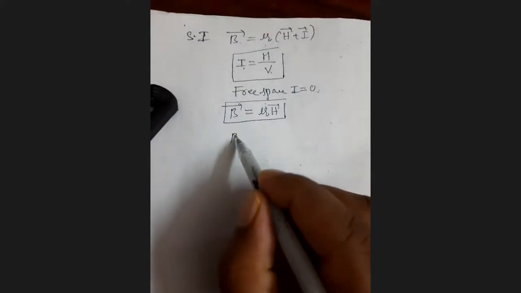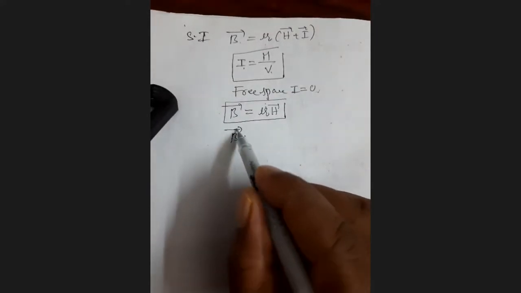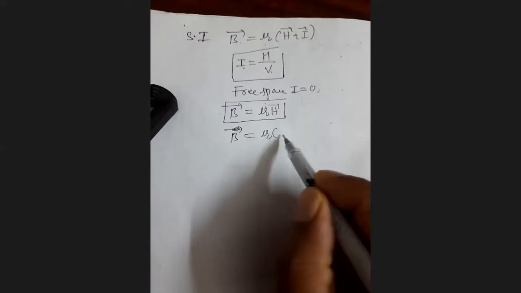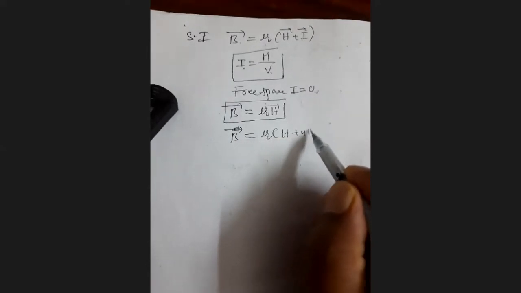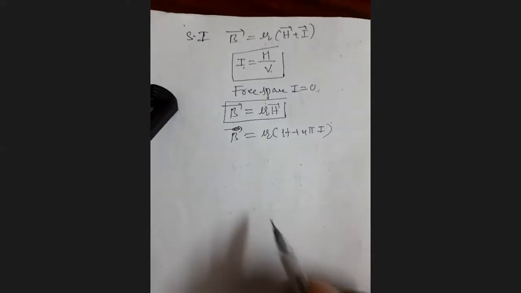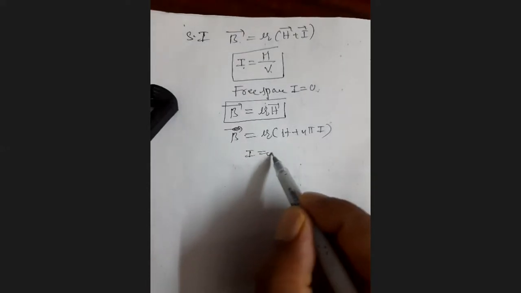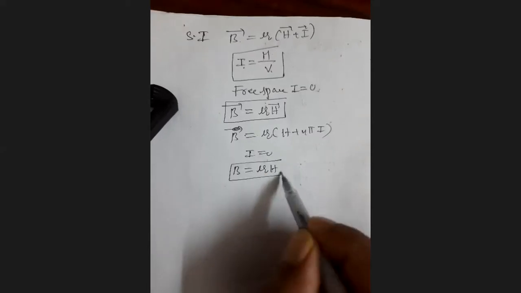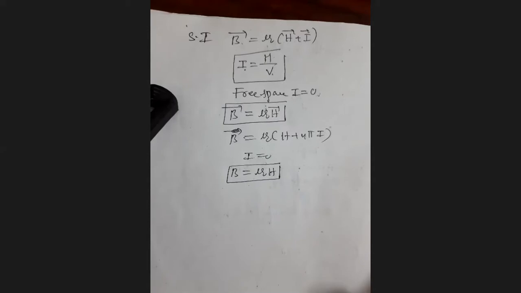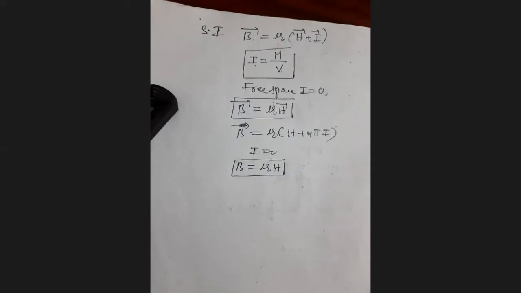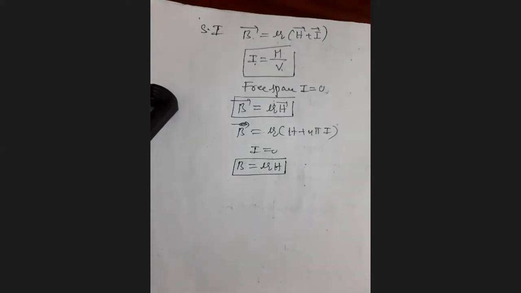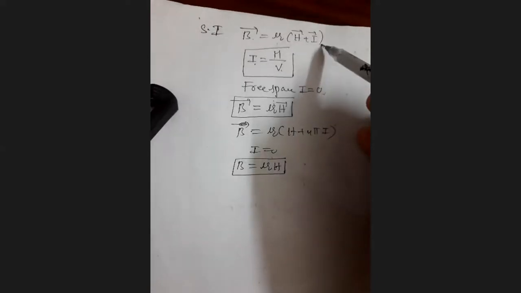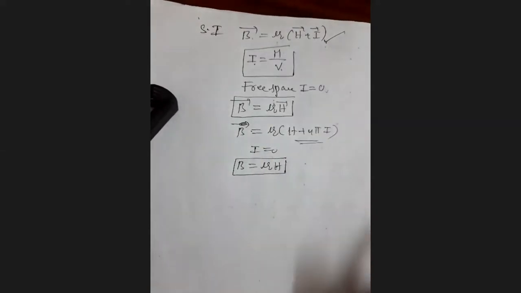In the CGS system, B, H, I are related as B is equal to H plus 4 pi I. Here also for free space, since I equals 0, you will get B equal to H. For free space or vacuum, B bar equals mu naught into H. So you can obtain that relation from the SI system, and this one from the CGS system.